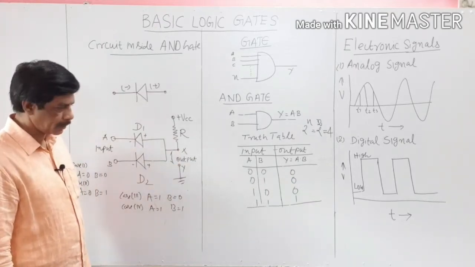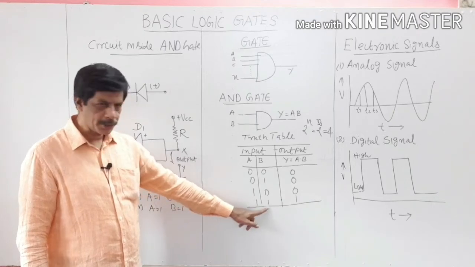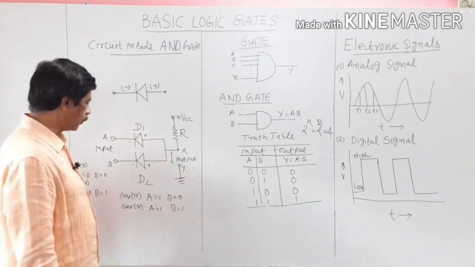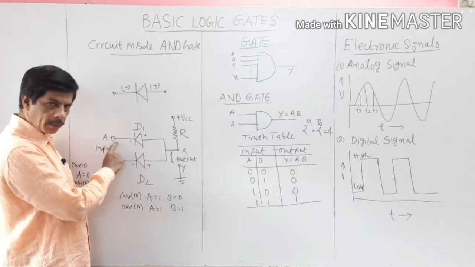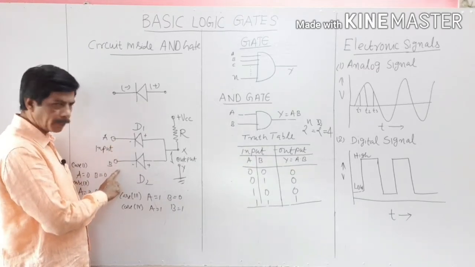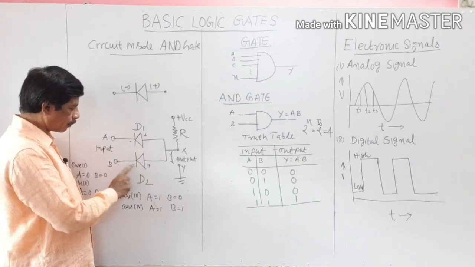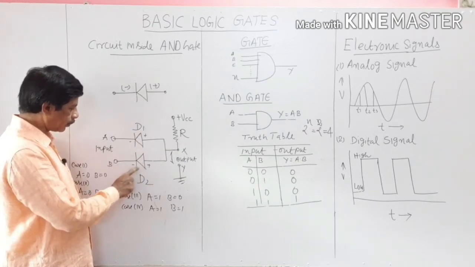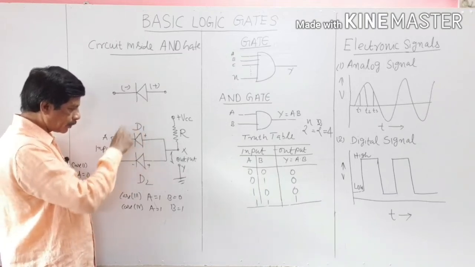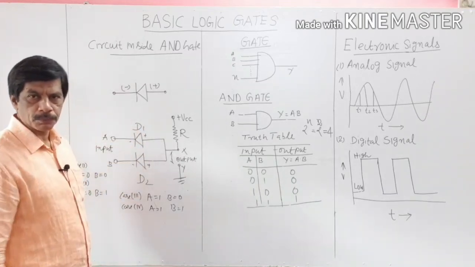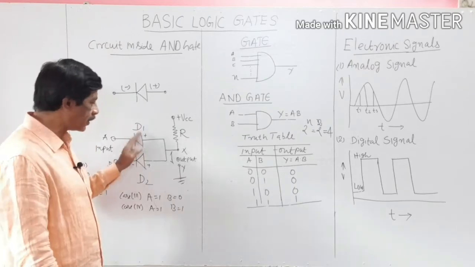The last case, A is equal to 1, B is equal to 1, which means apply positive voltage at point capital A, positive voltage at point capital B. Opposite here, positive at cathode. So under this condition, both diodes are under reverse bias mode. Reverse bias means both are disabled.